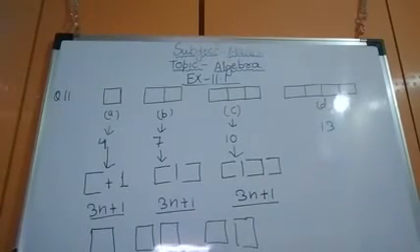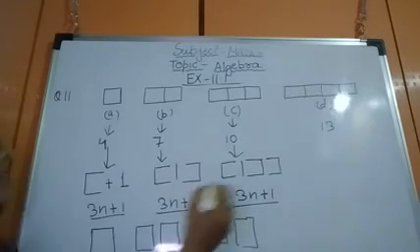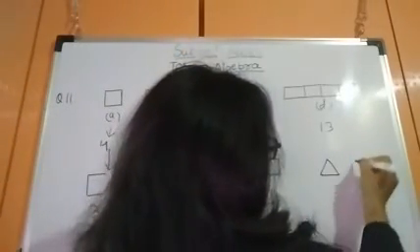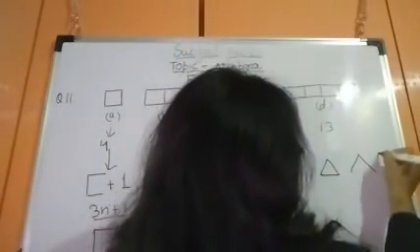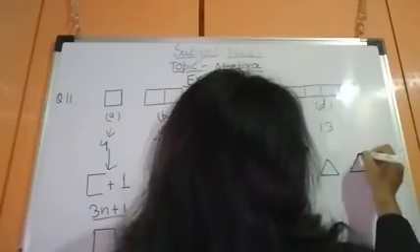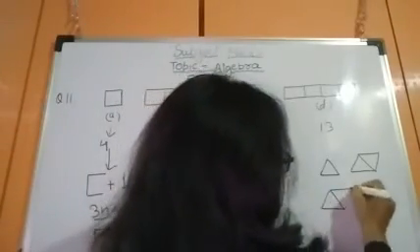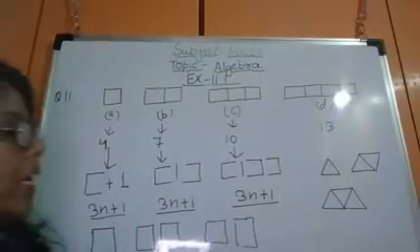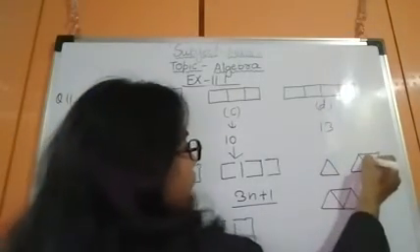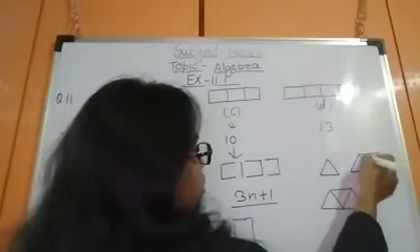What is the second one? In the second one, you have to make triangles. One triangle, then you can observe that there are 2 triangles like this, and 3 triangles like this. Here again, one side is common.